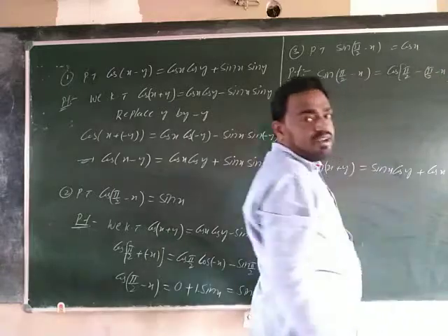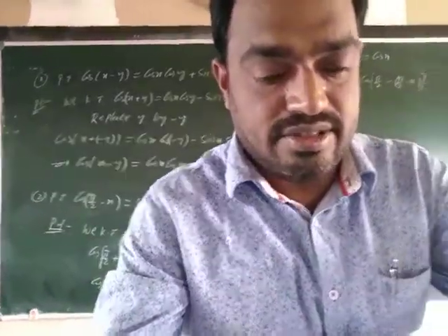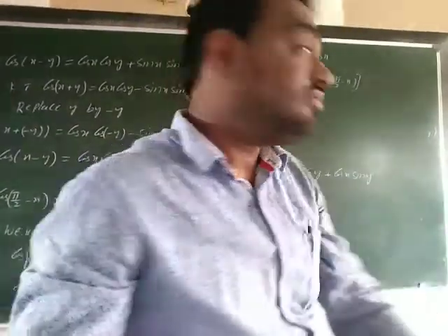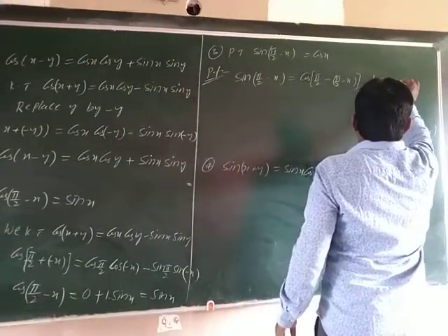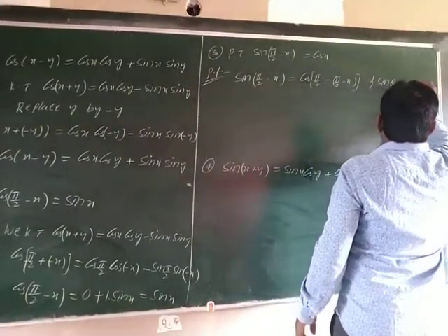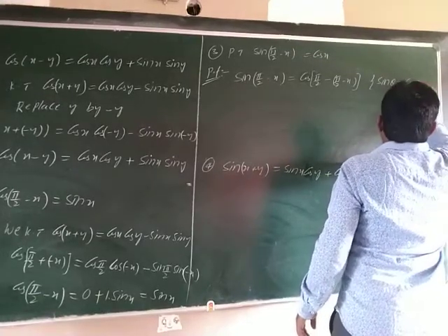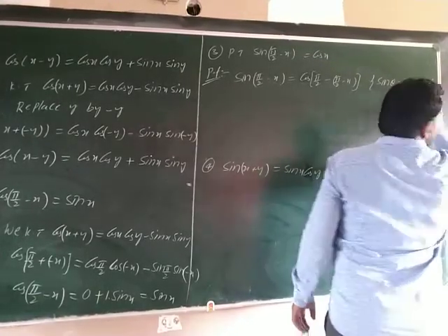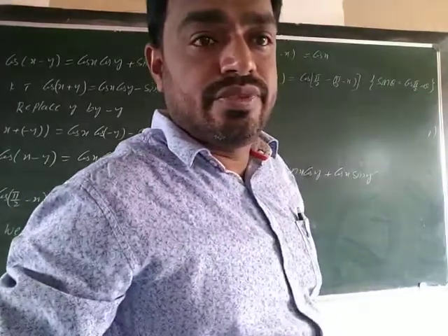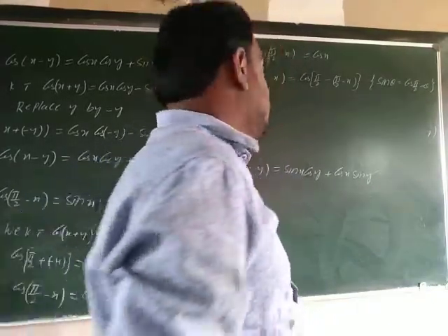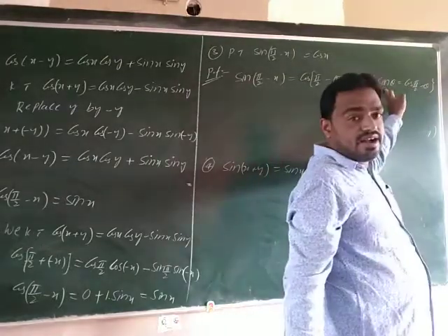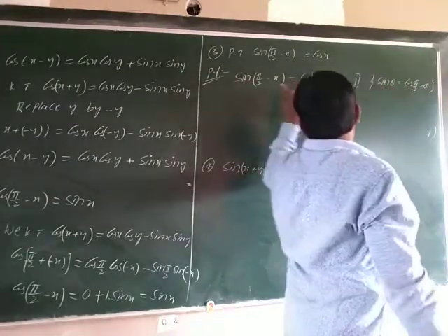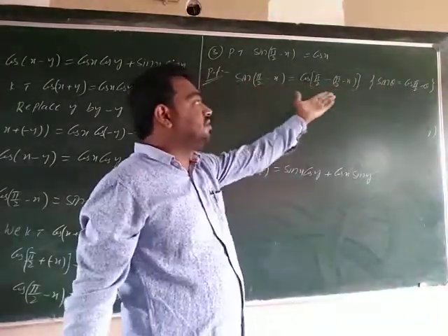How am I writing that one, you see? Since sin theta is equal to cos of pi by 2 minus theta, cos 90 minus theta is sin theta. In place of theta, here, pi by 2 minus x. Just apply that formula.